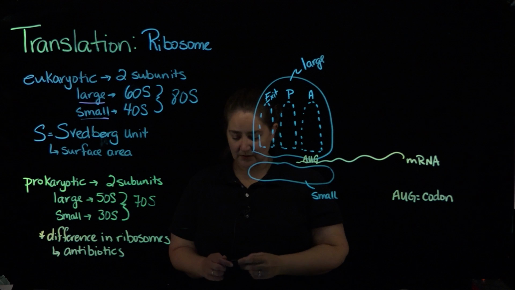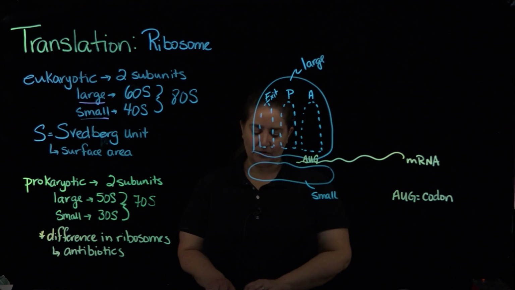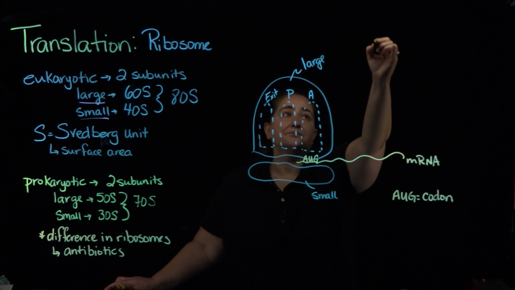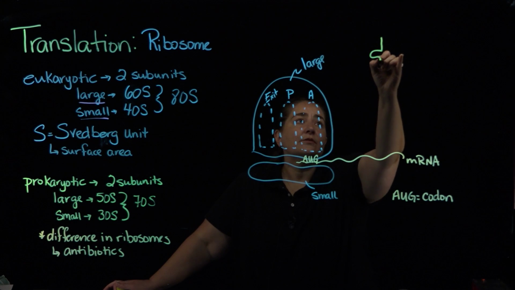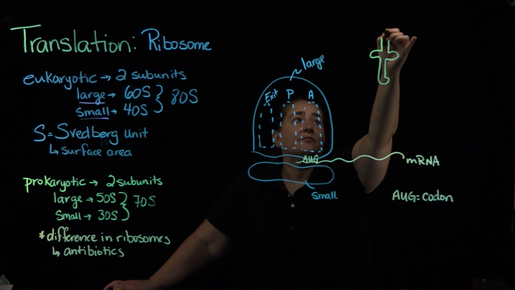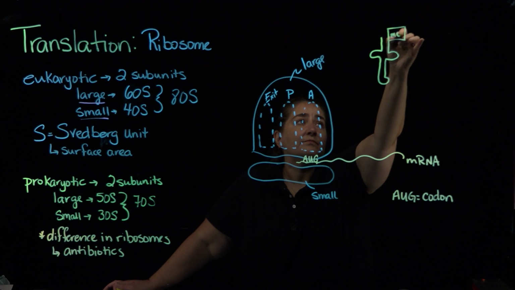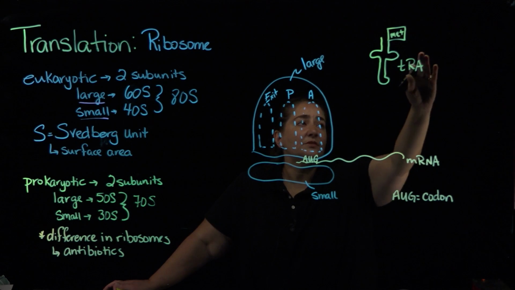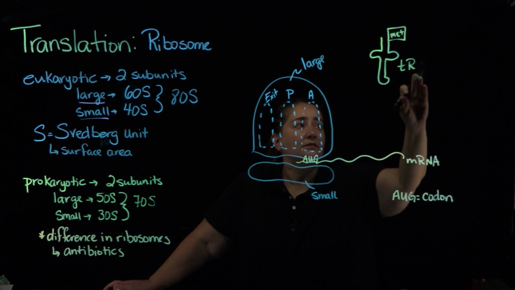And that ribosome then is going to read that, and it's going to bring in our next player here. This is going to be our tRNA. Oops, I left out a letter.